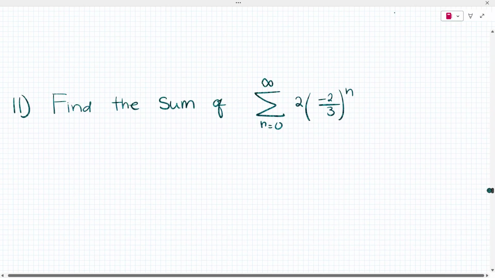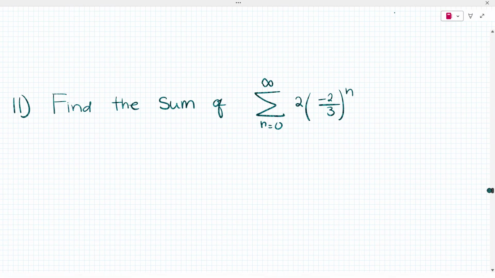You find the sum of the summation from n equals zero to infinity of two times negative two thirds raised to the n. So you've got to find the sum. What do we know? We know that this is going to be geometric since the number is raised to a variable.